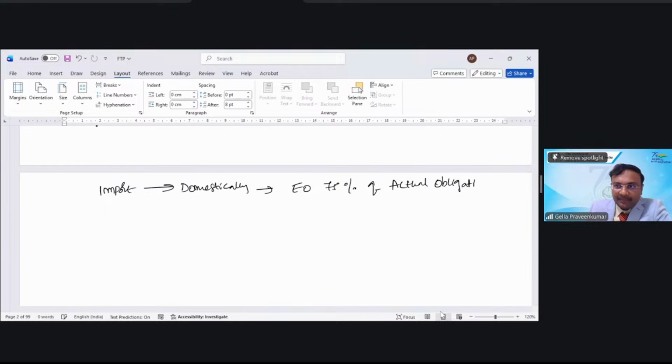That means if this company has purchased goods within India, duty saved into 6, into 75%.